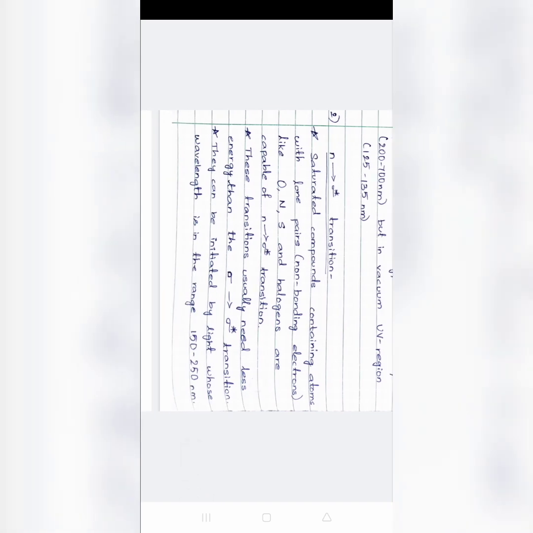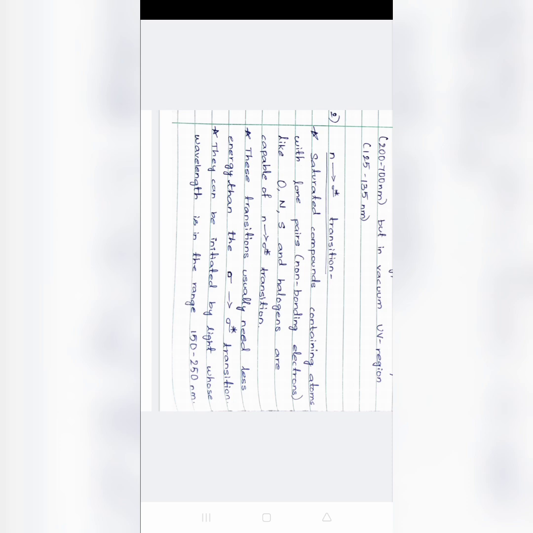Next, N to sigma star transition. That means saturated compounds containing lone pairs. These lone pairs of electrons move into the sigma antibond state, and this transition usually needs less energy than the sigma to sigma antibonding transition.